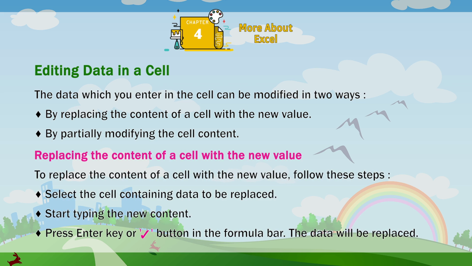To replace the content of a cell with the new value, follow these steps. Select the cell containing data to be replaced. Start typing the new content. Press Enter key or tick button in the formula bar. The data will be replaced.